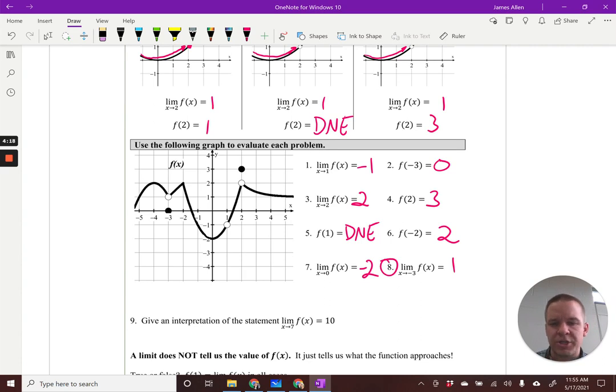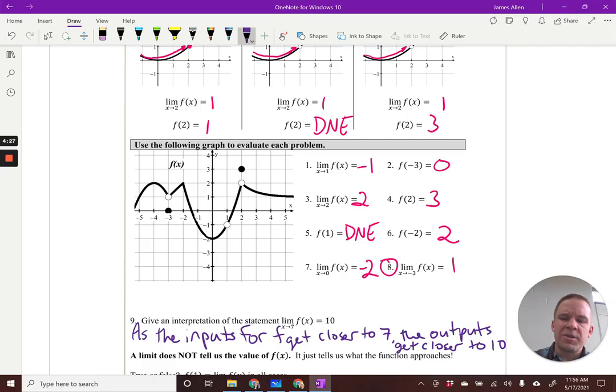All right, given an interpretation of the statement, the limit of f of x as x approaches 7 equals 10. So as the inputs for f, our x values, get closer to 7, whether from the left or from the right, the outputs get closer to 10. That's why we can have a different function value when we evaluate, like we had for f of negative 3. F of negative 3 was 0, but the limit as x approached negative 3 was positive 1.